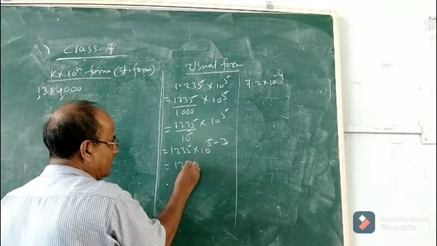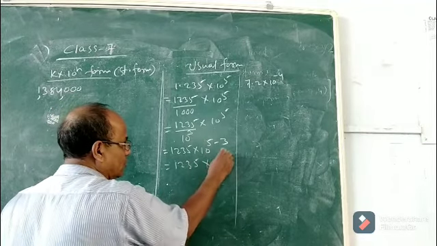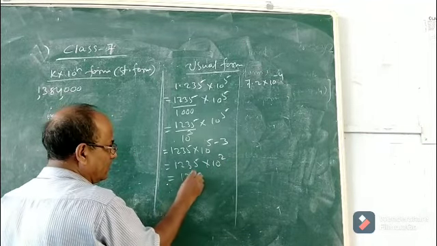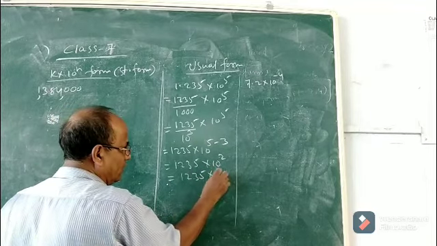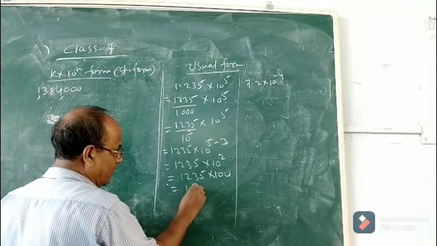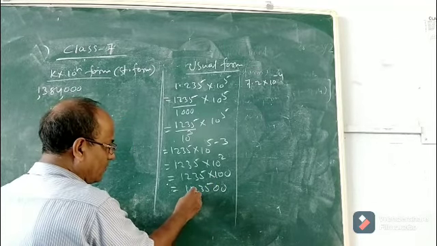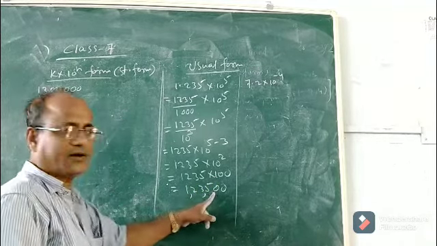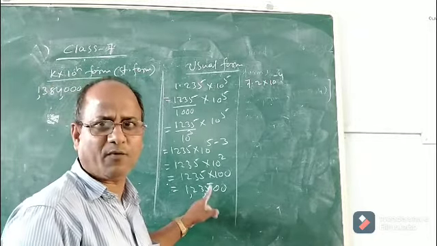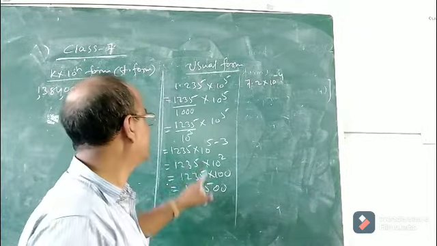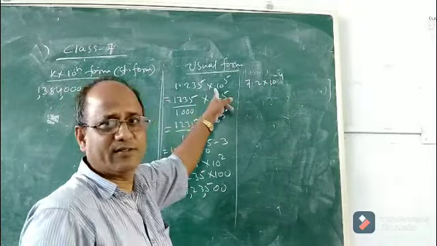So, 1235 into 10 to the power 2, which means 100. So it will be 1235 into 100, which is 1,23,500. This is the usual form of the number whose standard form is this.